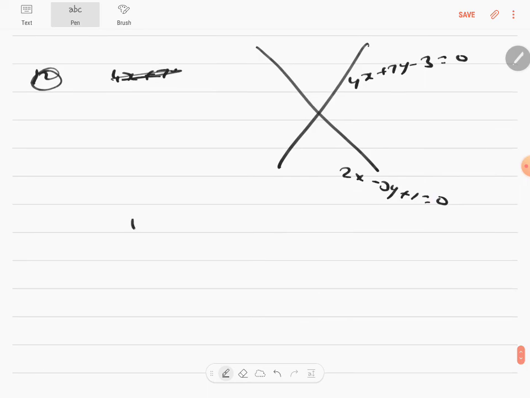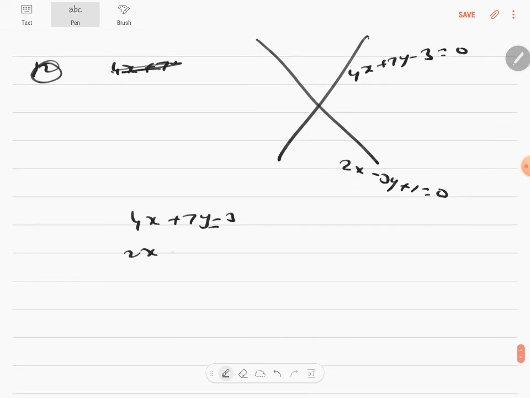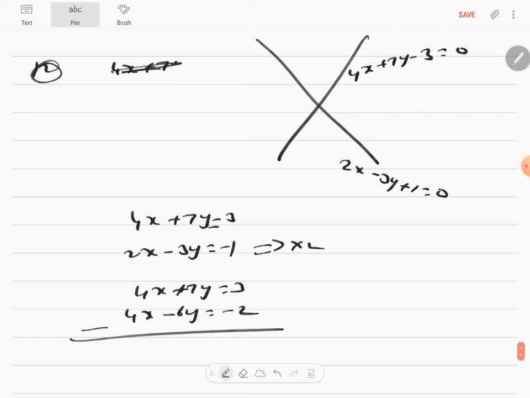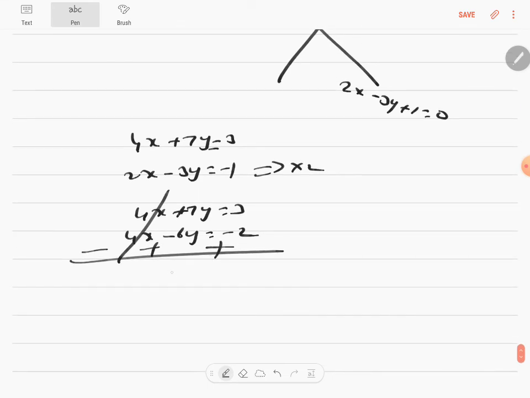Let's solve these two equations. 4x plus 7y is equal to 3, and 2x minus 3y is equal to minus 1. Multiplying the entire second equation by 2, we get 4x plus 7y is equal to 3, and 4x minus 6y is equal to minus 2. Subtracting, you get 13y is equal to 5, y is equal to 5 by 13.